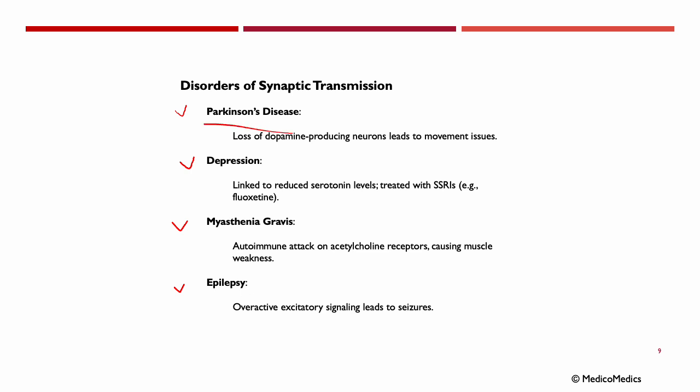So Parkinson's disease is a neurodegenerative disorder caused by the progressive loss of dopamine-producing neurons. And it happens in the substantia nigra, which is a part of the brain involved in movement control. So it makes sense that if we have a loss of this, we will have movement issues.